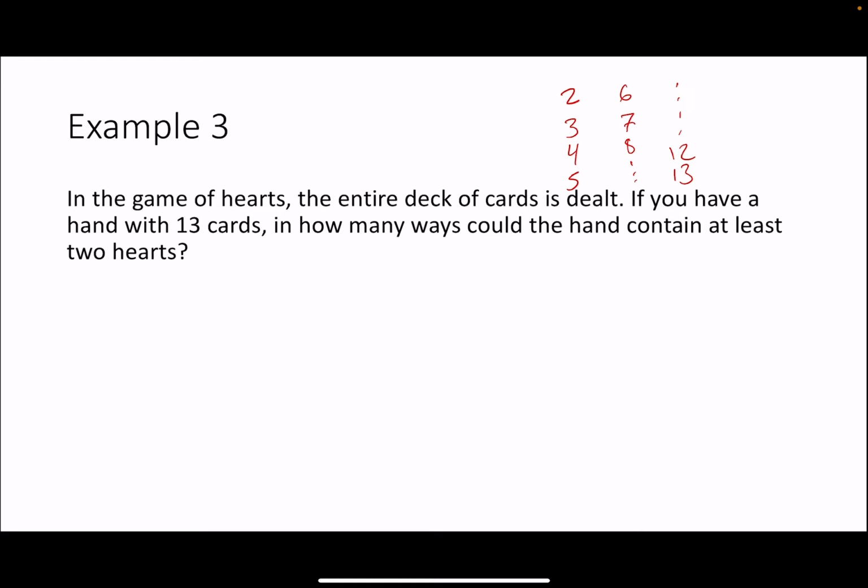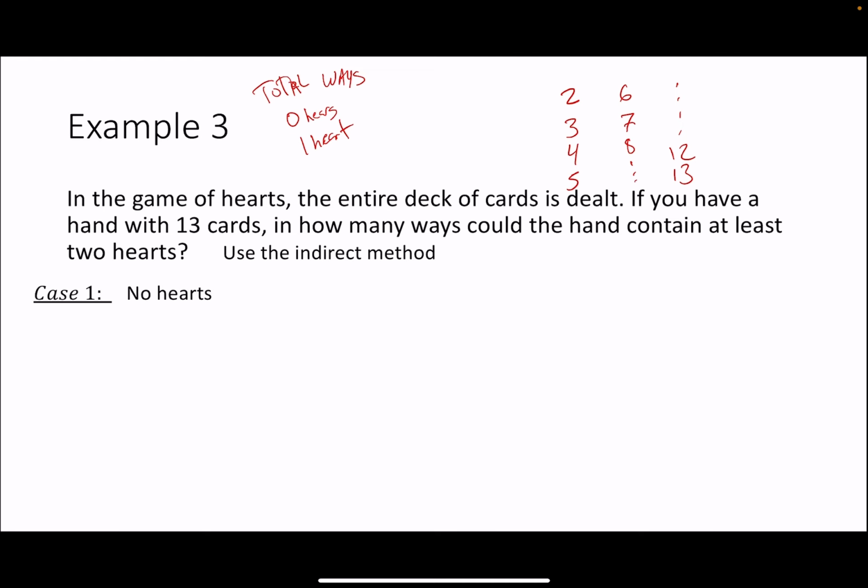So I could do about 11 cases. Or I could find out how many total ways there are, and subtract the number of ways to select 0 hearts and 1 heart. So we're going to use the indirect method.